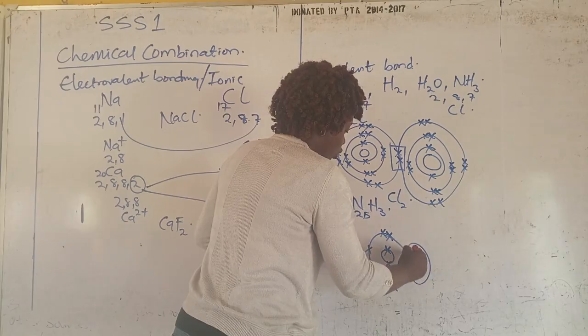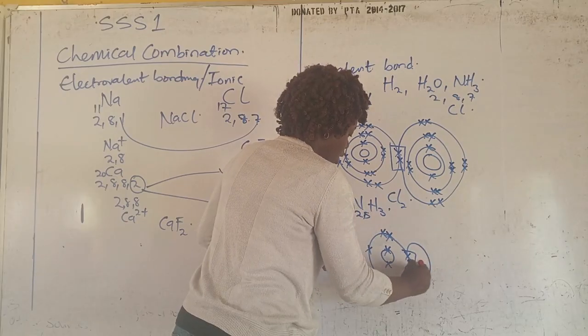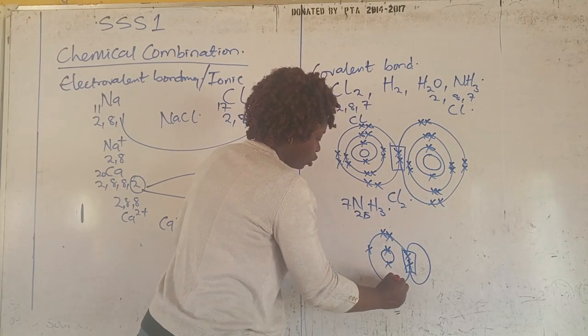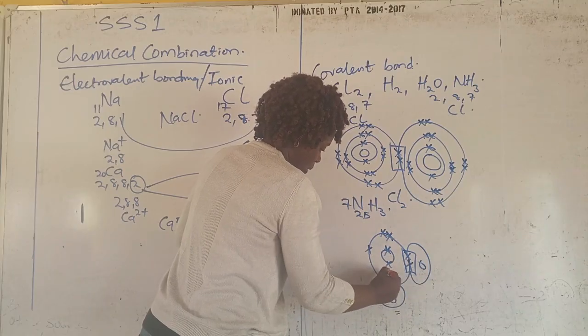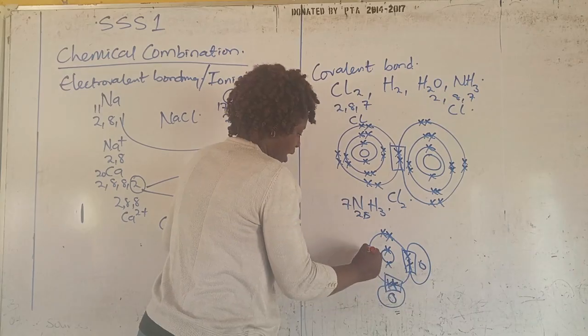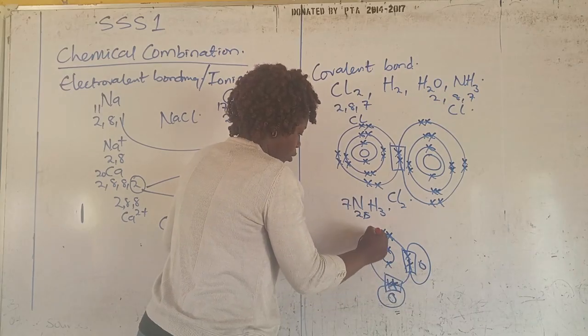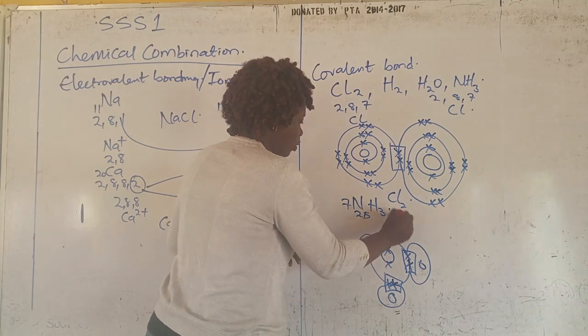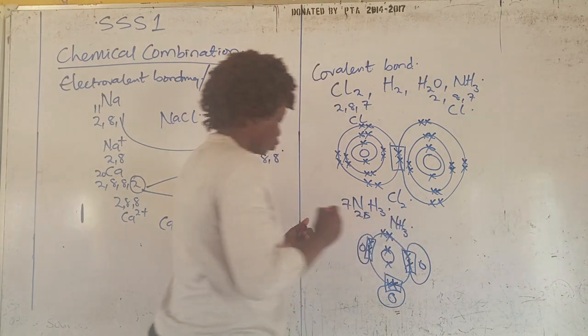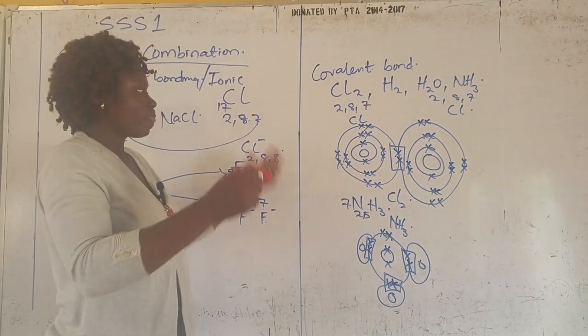So look at my hydrogen coming with 1 electron. Okay, another hydrogen coming with 1 electron. You can see how the bonding is taking place. Another hydrogen coming with 1 electron. So that is how my ammonia is formed. So there is sharing of electrons.